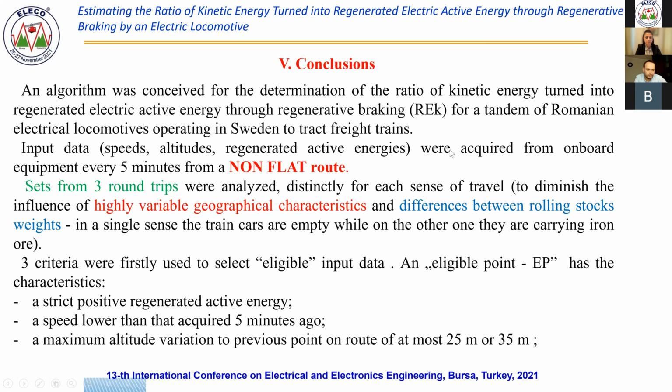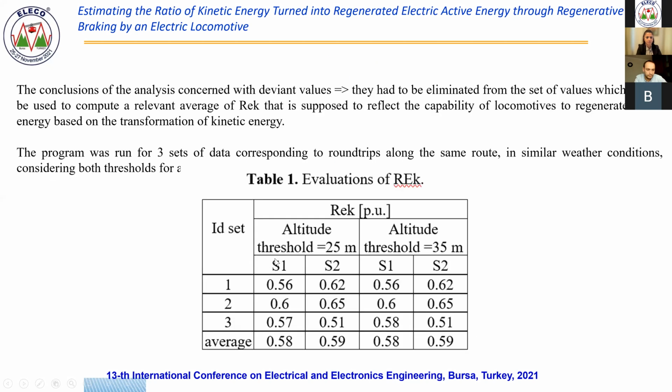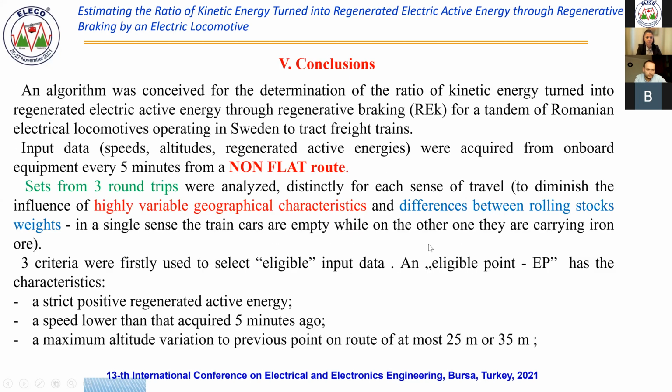Input data were acquired from an onboard equipment every 5 minutes from a non-flat route. We analyzed sets from 3 round trips with highly variable geographical characteristics and different rolling stock weights. In a single sense, the train cars are empty, the sense S1, and in the other sense, they are carrying iron ore.